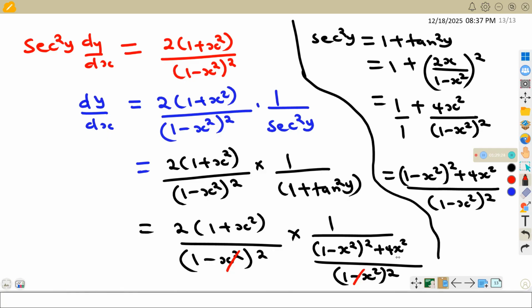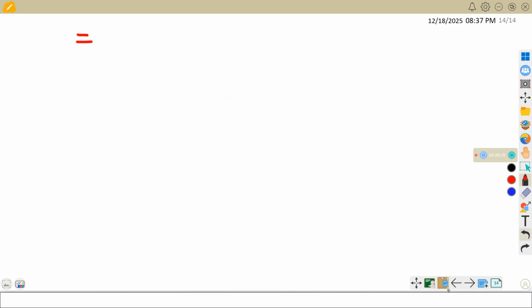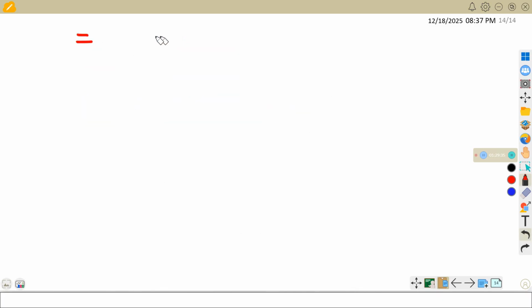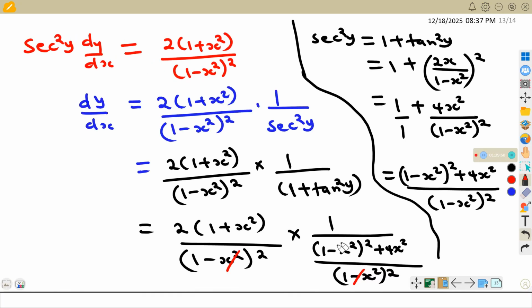So this will be same as having 2 into 1 plus x squared divided by 1 minus x squared squared plus 4x squared. I hope that is what we are having here. So that is what we are having.